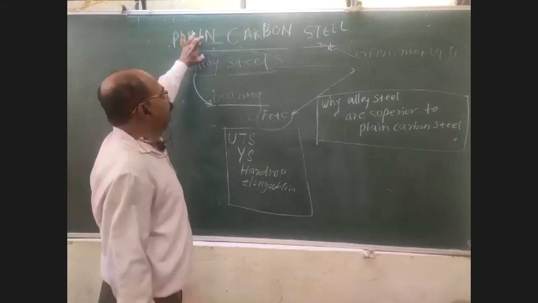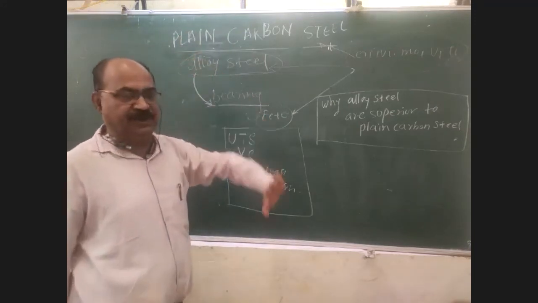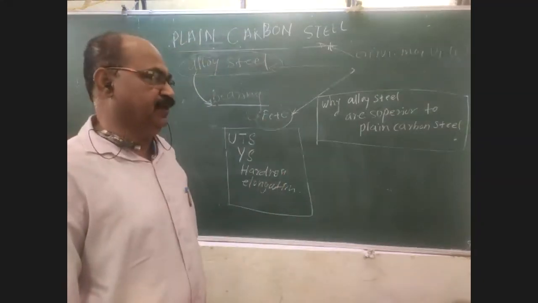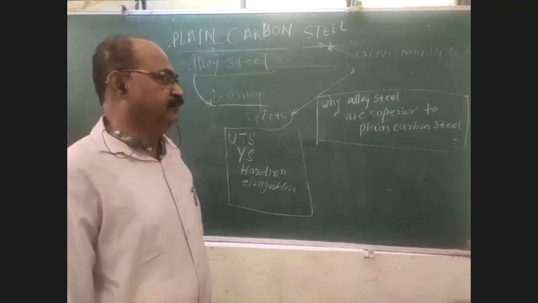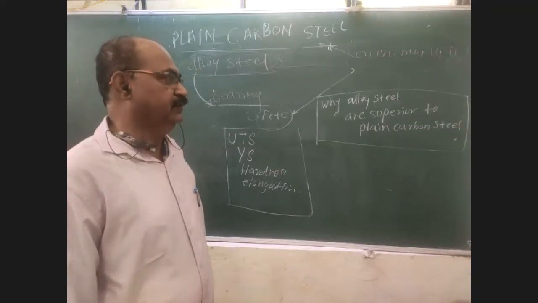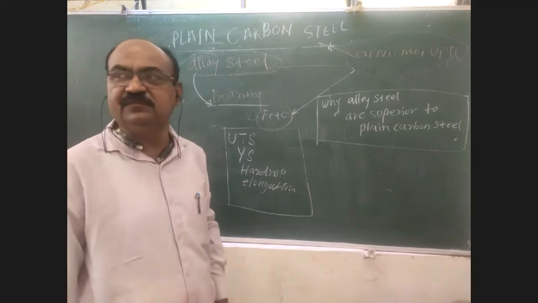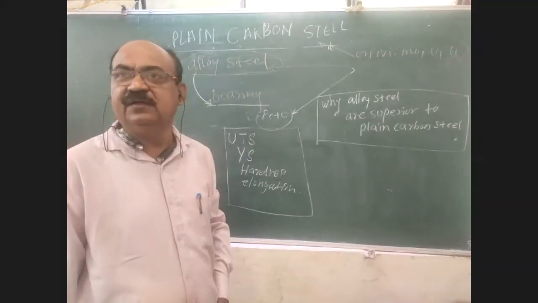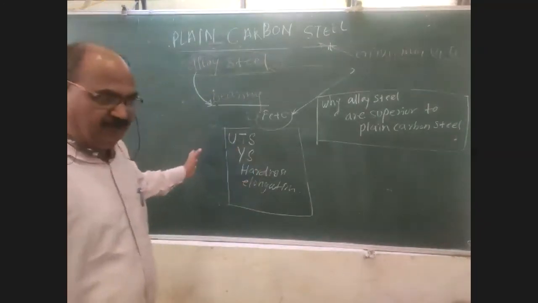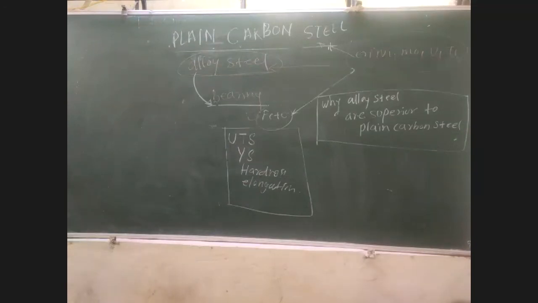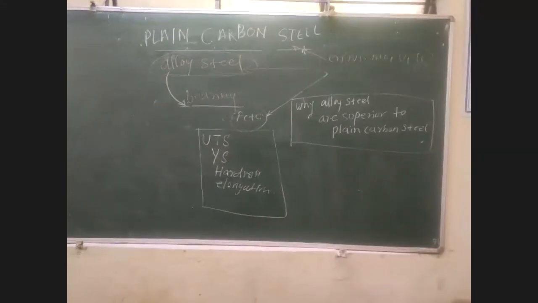What is the main difference between plain carbon and alloy steel? 63 number. My screen is visible to you or not? My screen is visible to you or not?